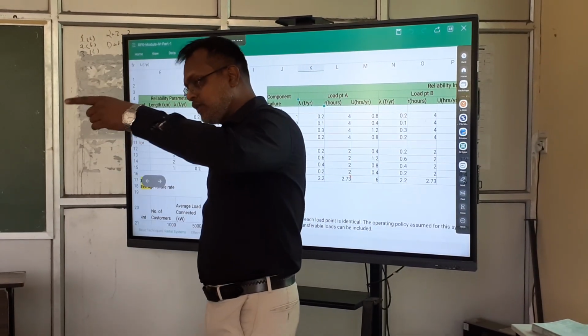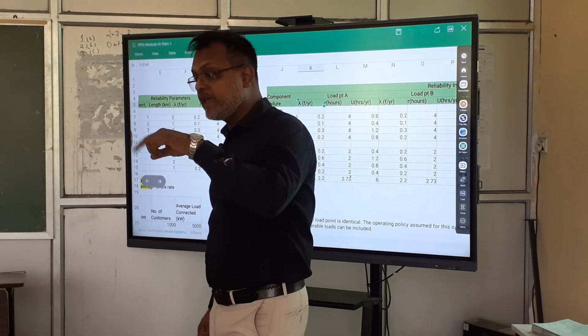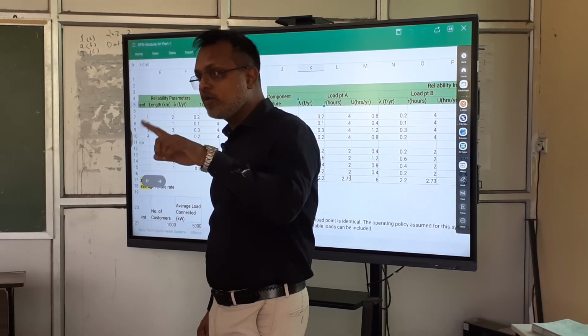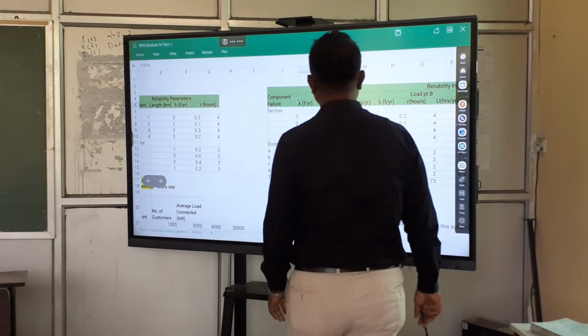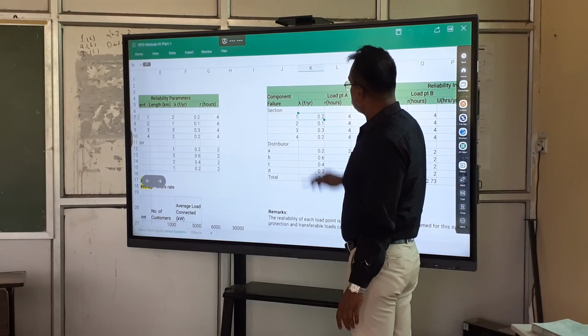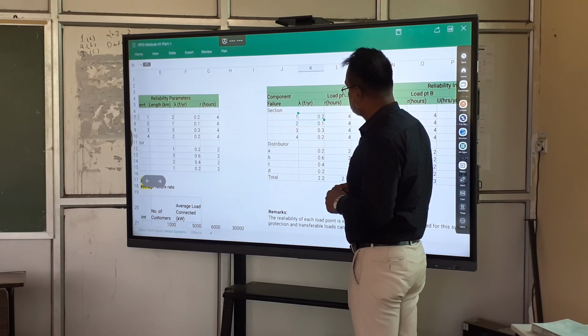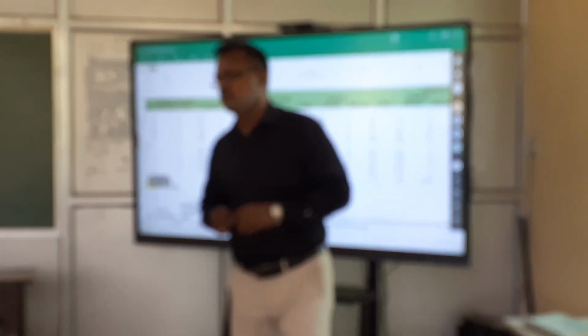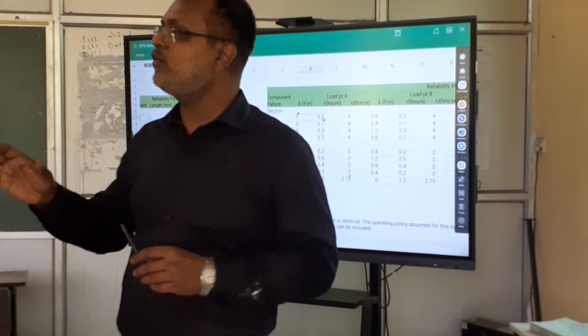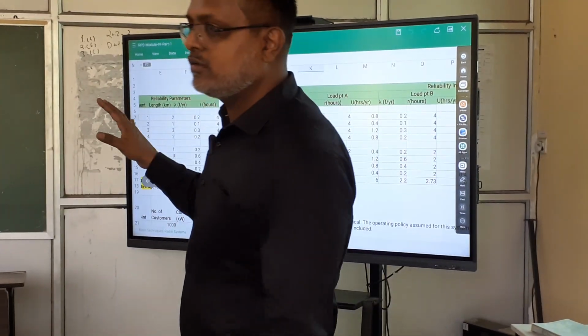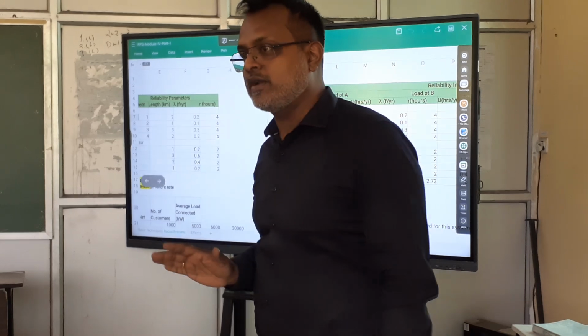Now, if you see the diagram for load A, since there is a series system, as we discussed, any failure at any point of the system will cause the breaker to operate.